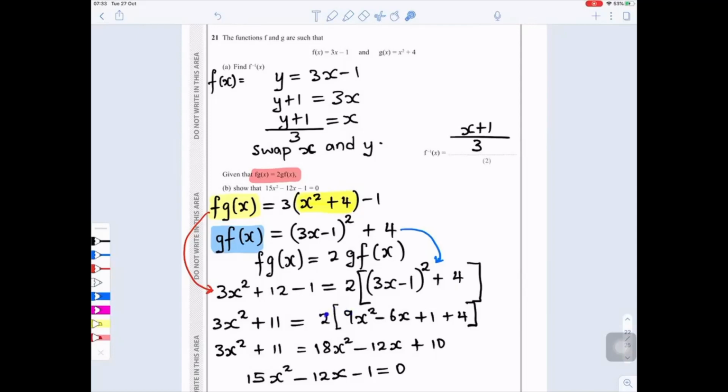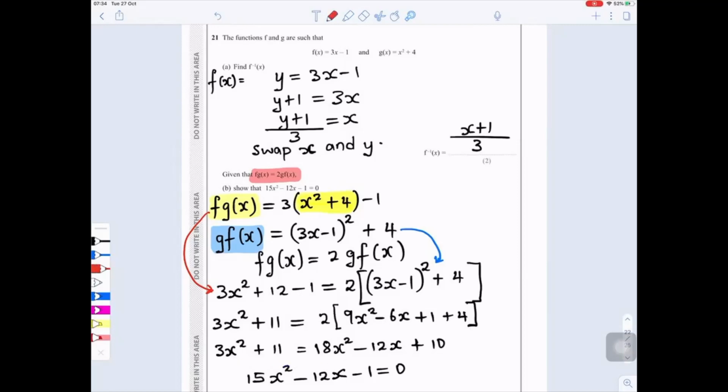Now, you remove the bracket. 2 times 9 is 18, that gives you 18x squared. 2 times 6 is minus 12. And 1 plus 4 is 5, 5 times the 2 gives you 10. You put all of this on the right hand side.